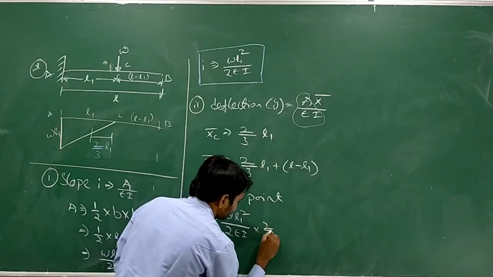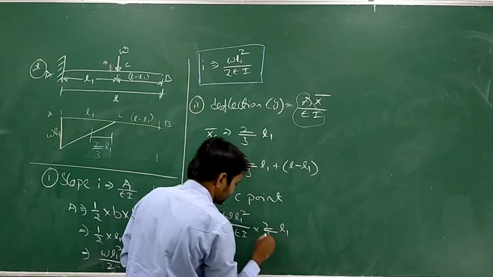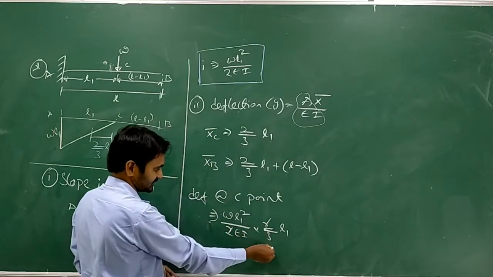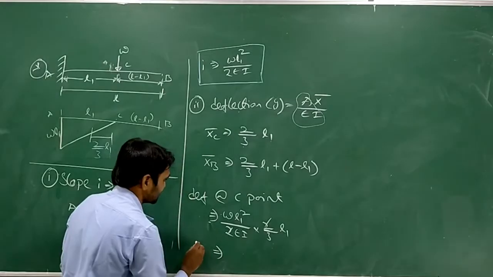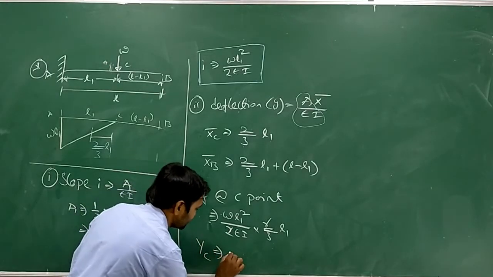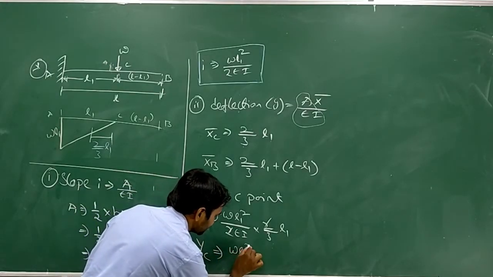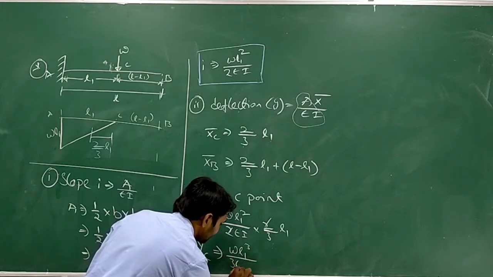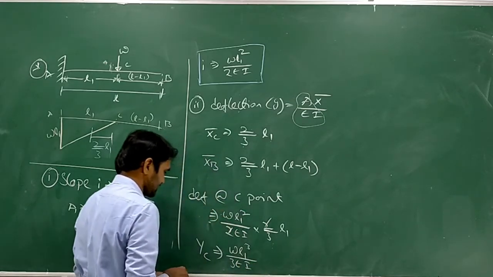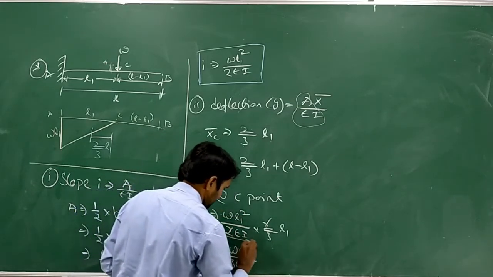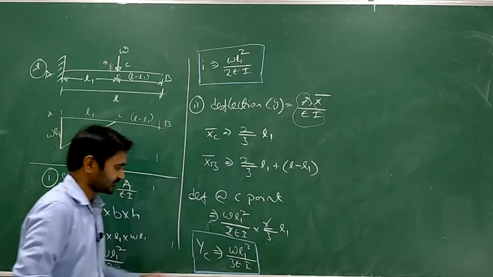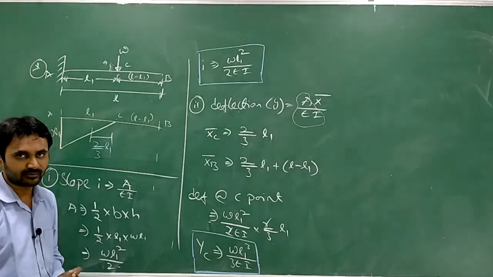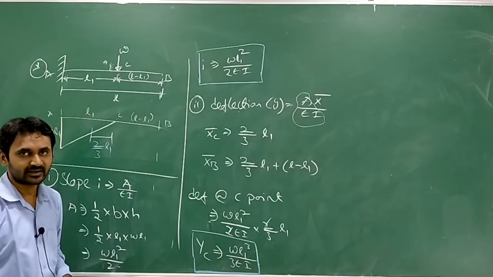The 2 gets cancelled, so this will be WL1 cube by 3EI. So the deflection at C, YC, is equal to WL1 cube by 3EI.